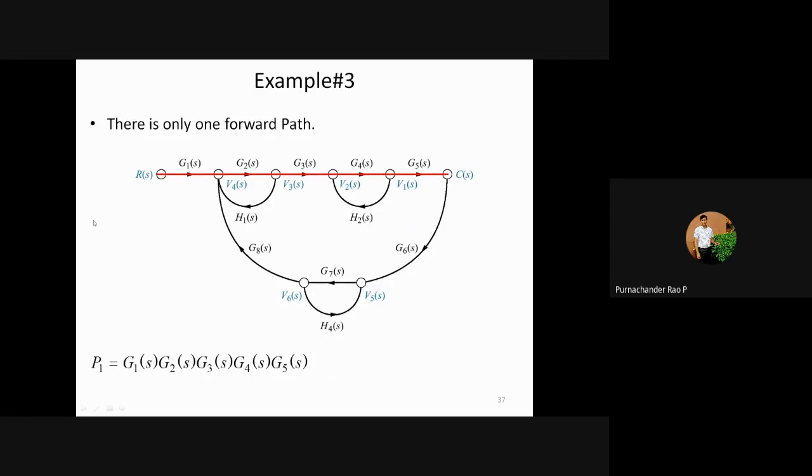So this is the first forward path. And next, only one forward path is there. Just if you observe this, only one forward path. Next, we need to find the loops.